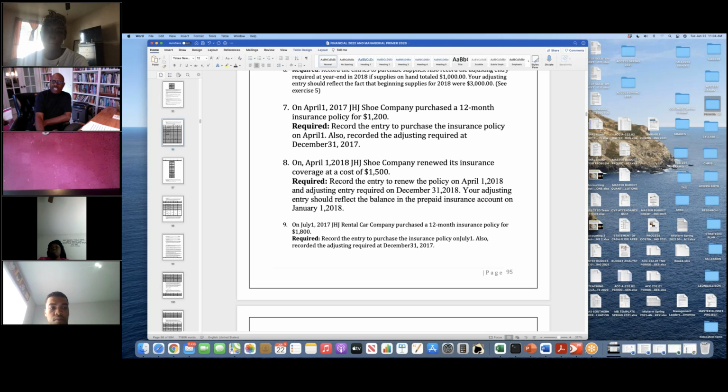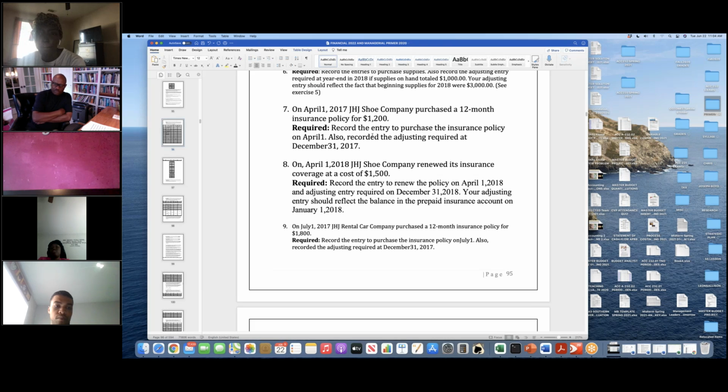Now let's go on to number 8. So April 1st, 2018, JHJ renewed its insurance coverage at a cost of $1,500. Record the entry to renew the policy on April 1st, paying a little bit more, and the adjusting entry on December 31st. Your adjusting entry should reflect the balance in the prepaid insurance account on January 1.